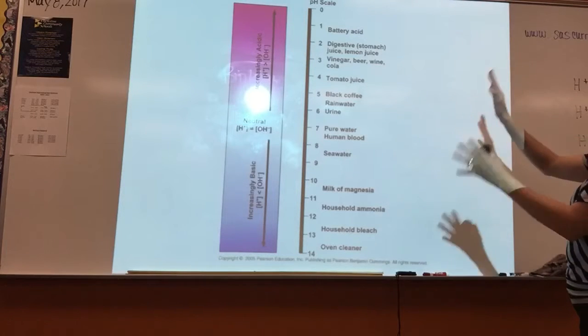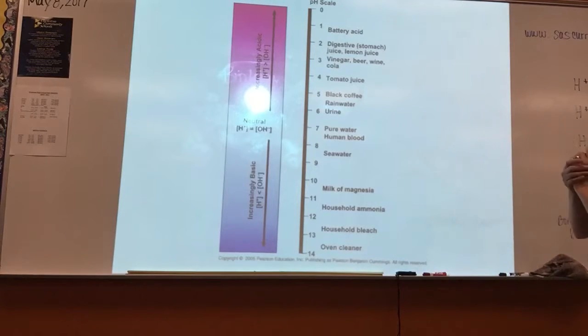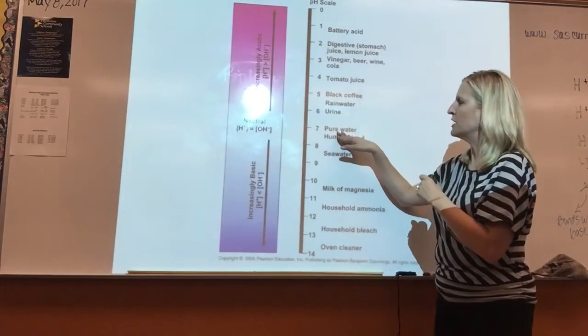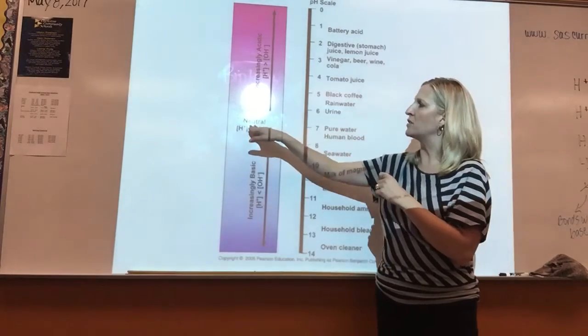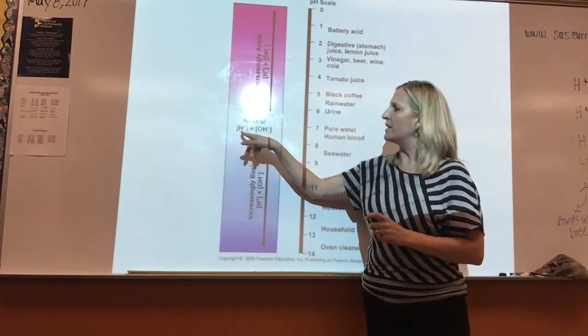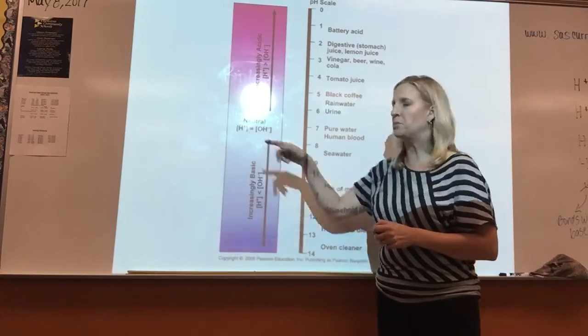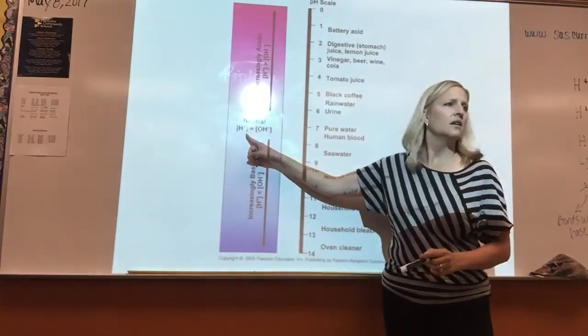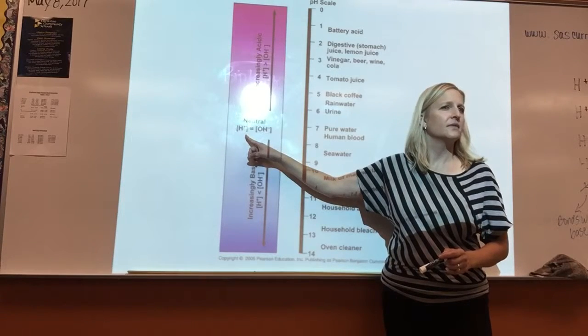some natural everyday substances and gives you an idea of their pH, both acidic and basic. So here we have pure water at a pH of 7, and notice here it says neutral, and it says H+, and the H+ has these little brackets around it. Do you know what these brackets mean?